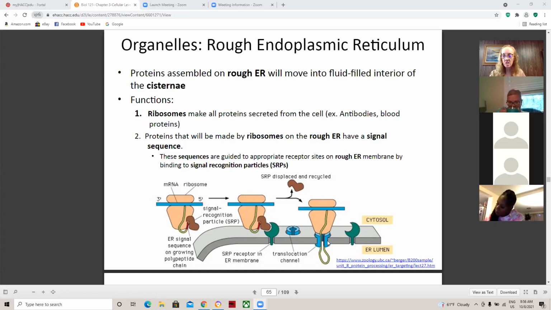Once its synthesis is complete, once all the amino acids have been added, that protein is going to enter the lumen of the rough endoplasmic reticulum, and then undergo a series of processes, which we'll talk about here in a second. Are there any questions about this?